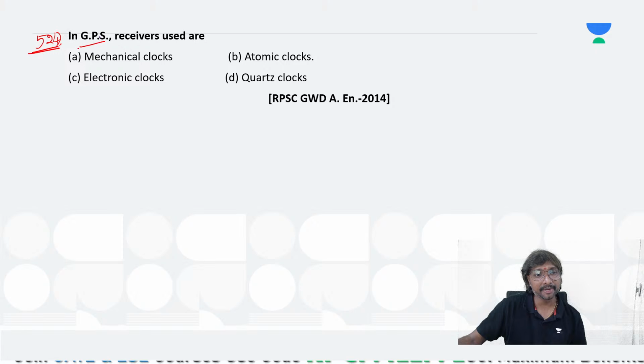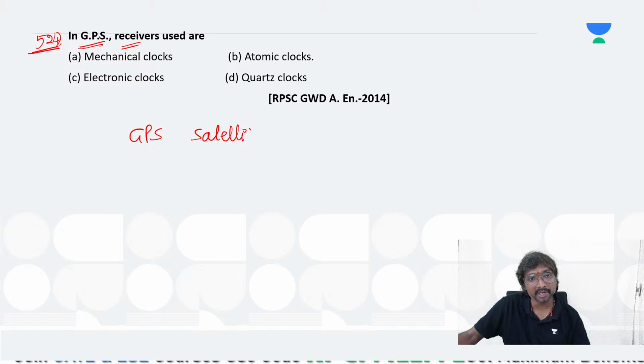In GPS, which receivers are used, if you just observe? GPS satellites are using atomic clocks.